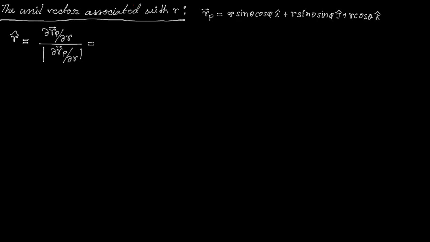So first we have to partially differentiate this Rp with respect to r. When you take the differentiation of this Rp with respect to r, keeping theta and phi fixed, we'll get sin theta cos phi i cap plus sin theta sin phi j cap plus cos theta k cap.